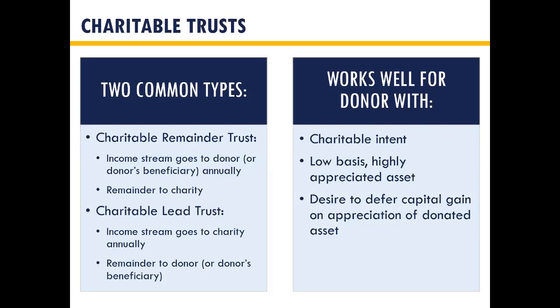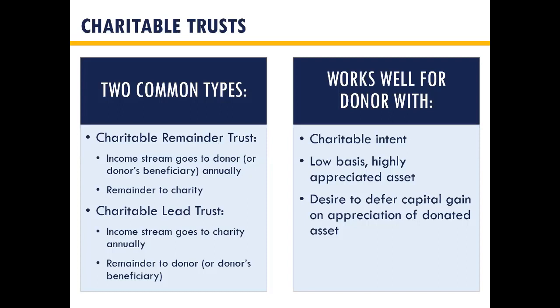There's unit trusts. So there's both lead unit trusts and remainder unit trusts. The distribution amounts to the non-charitable beneficiaries, or to the charitable beneficiaries, whoever is getting the income stream, vary based on the fair market value of the underlying assets.